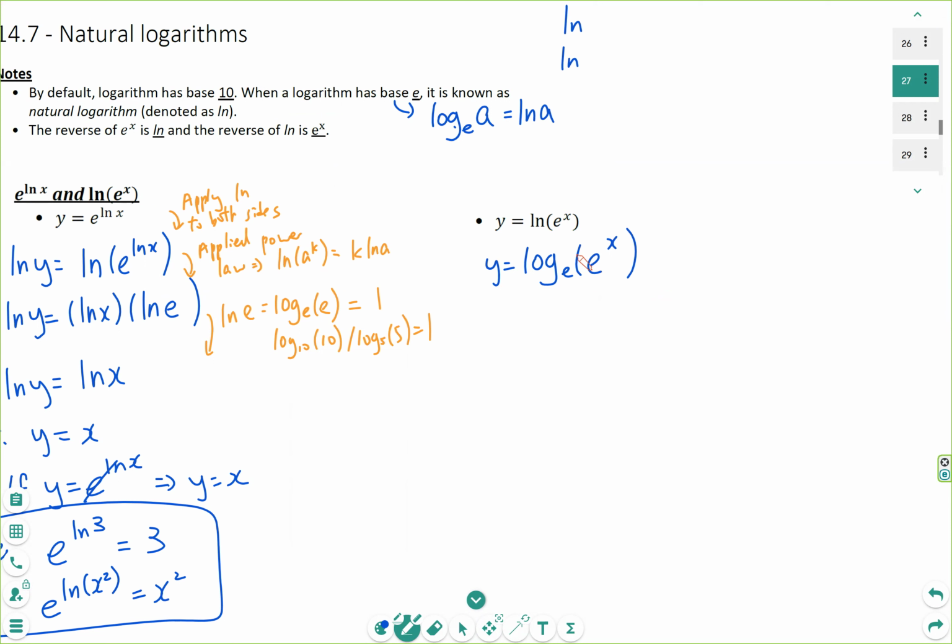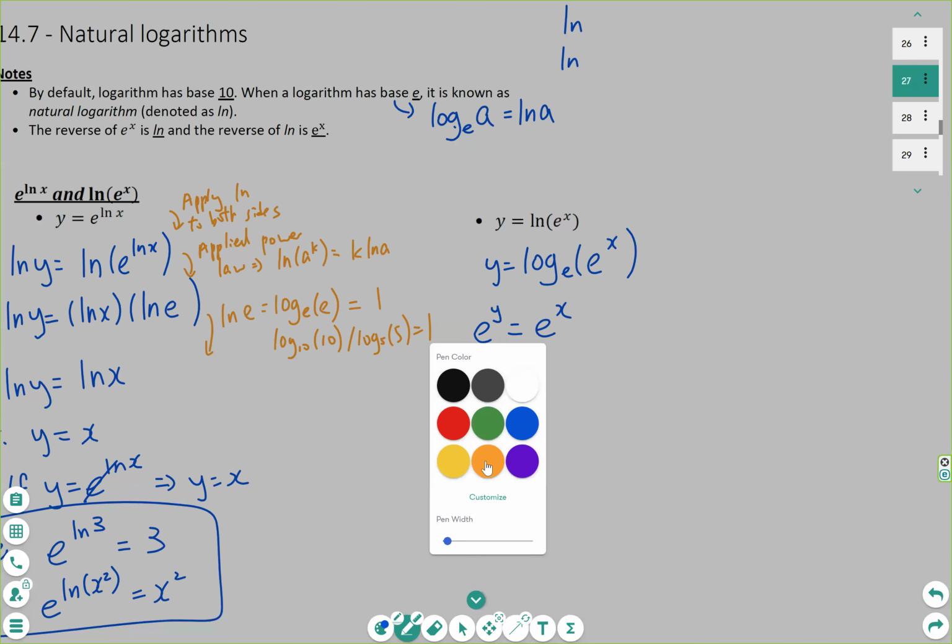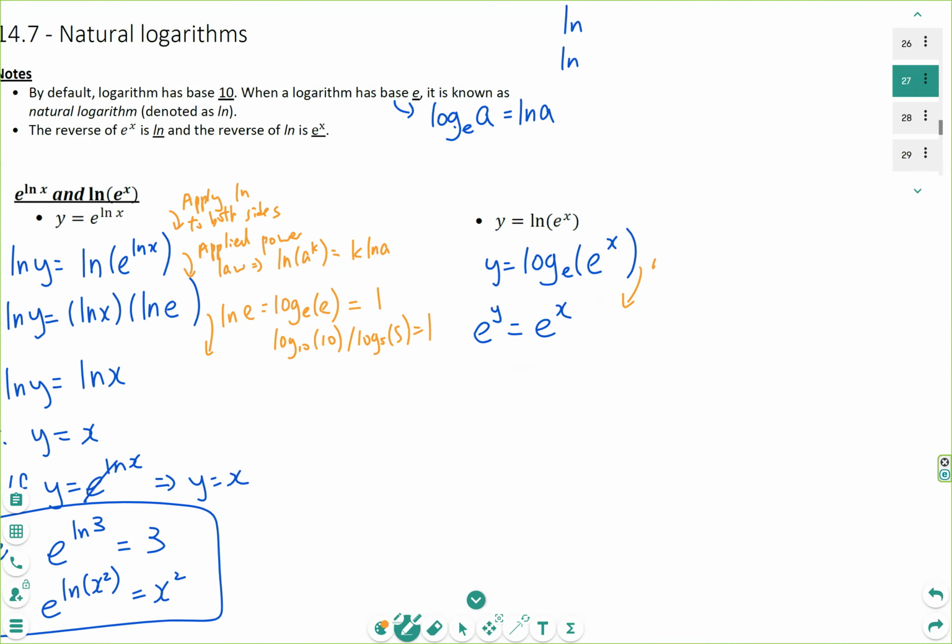You can apply the base law: log base a of b equals c, that's the same as a to the power of c equals b.